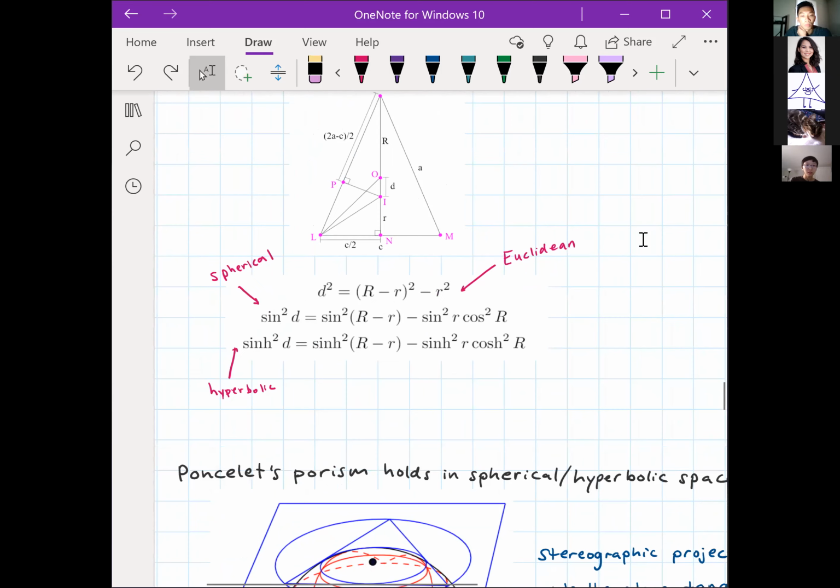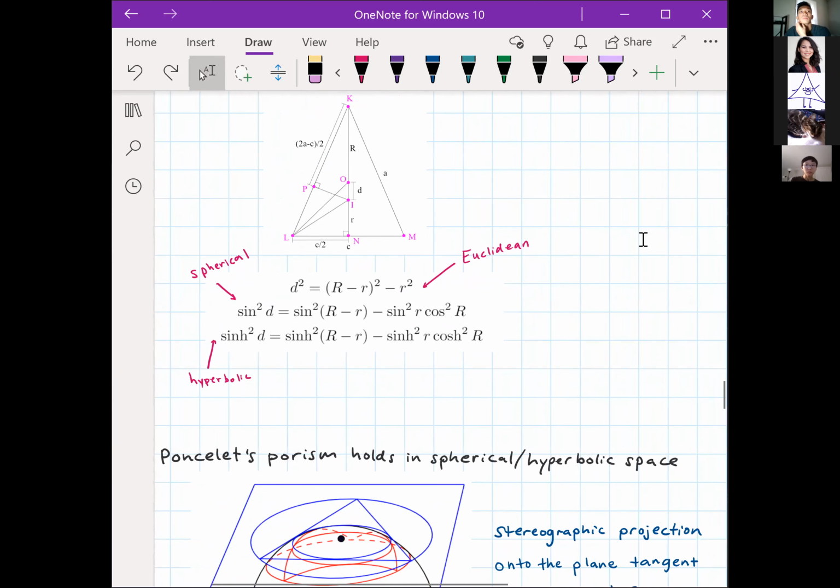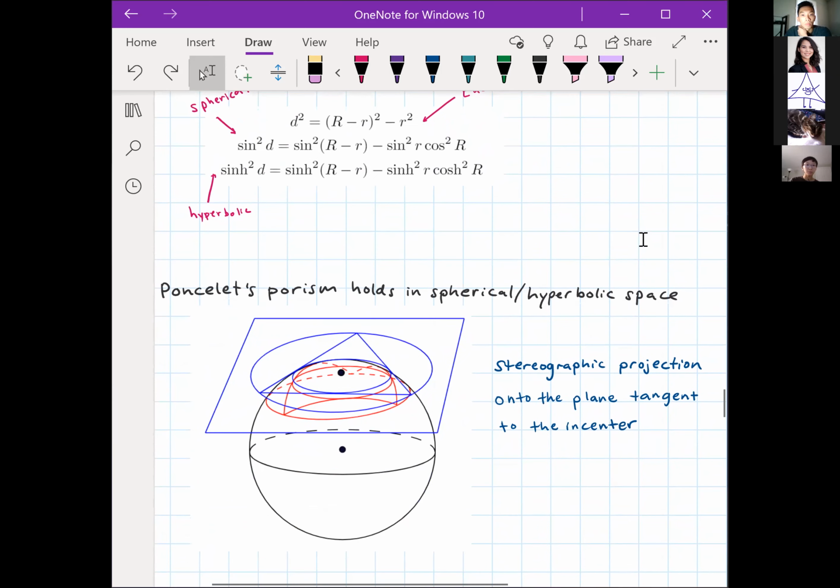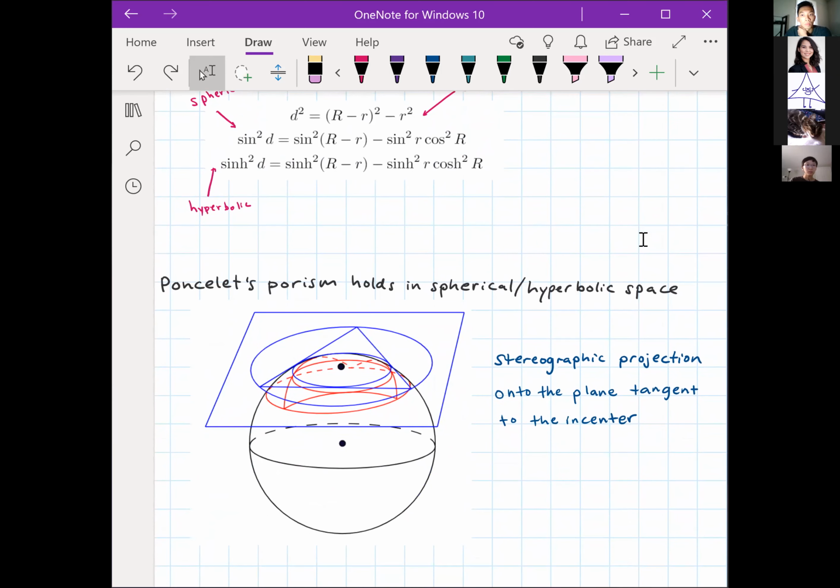So first of all, Poncelet's Porism actually holds in spherical and hyperbolic space. Just a quick way of thinking about this is that if you have our triangle on the sphere, we can look at the projection onto the tangent plane at, say, the incenter. And so we project onto the plane using stereographic projection.